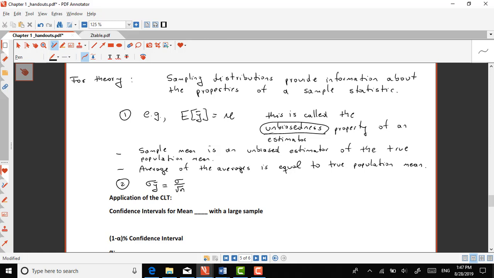Now this property is called consistency of an estimator.